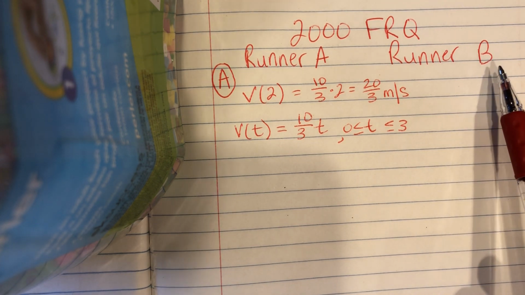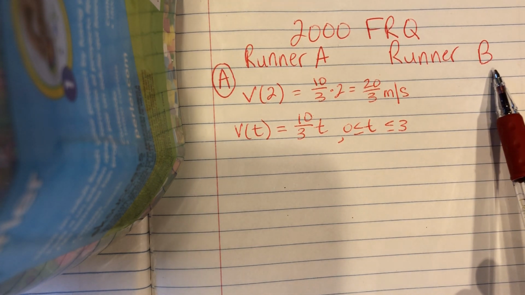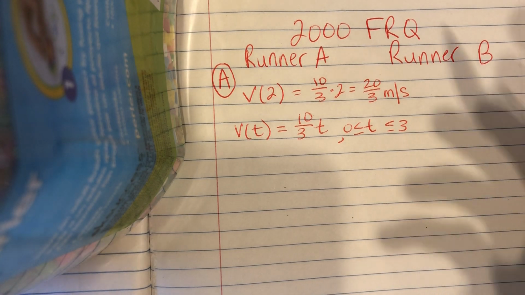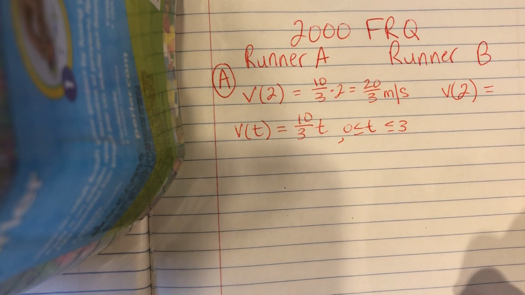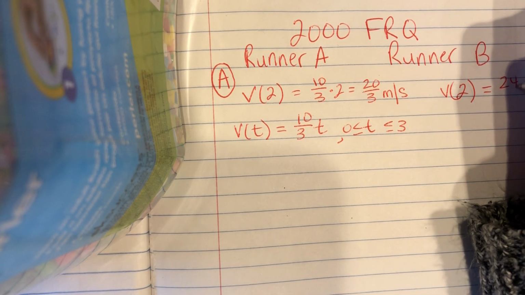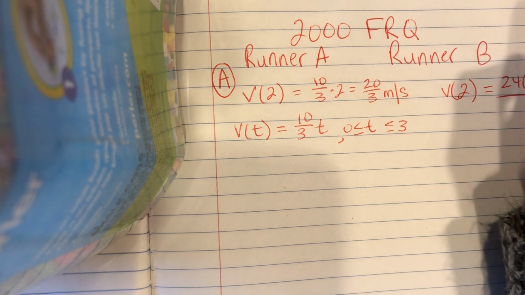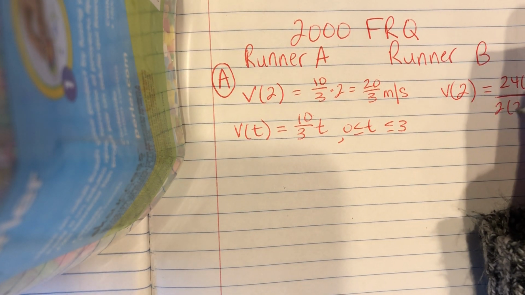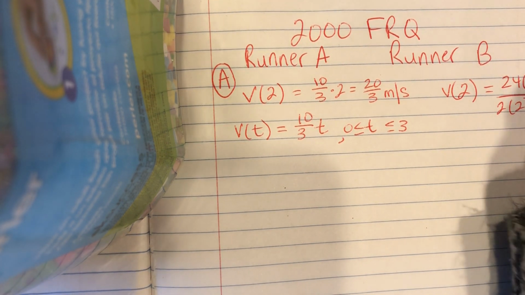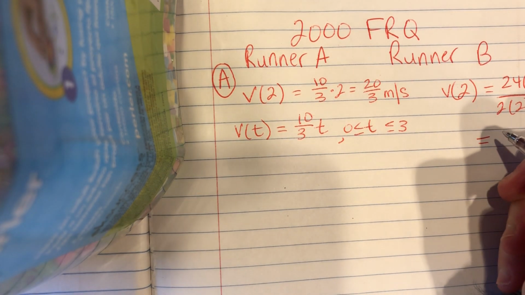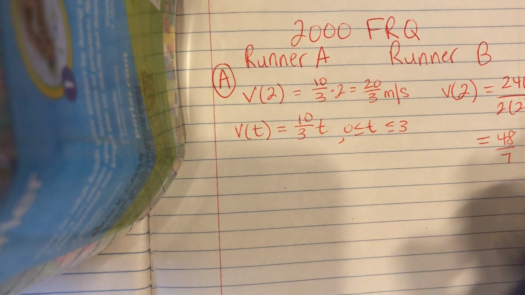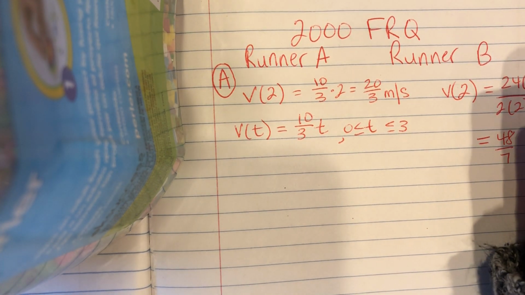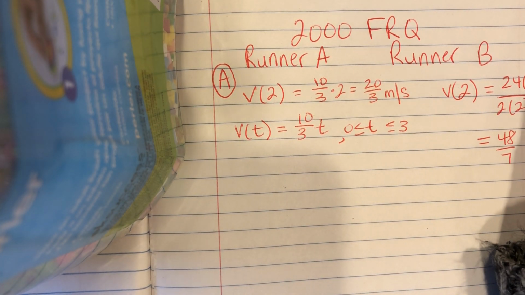Now, runner B, it's even simpler to find his or her velocity at a time of 2 because we are simply going to plug 2 into the given velocity formula. And when we do that, we get a velocity of 48/7 meters per second.